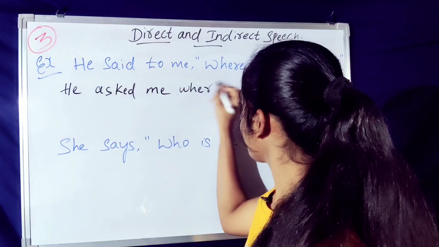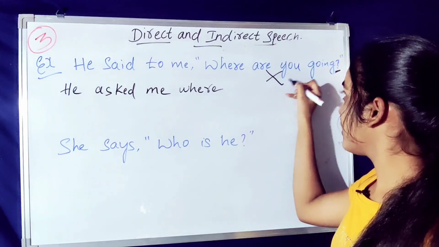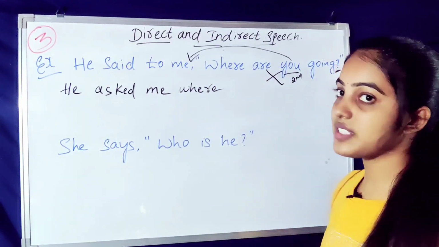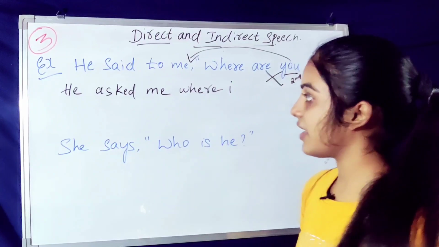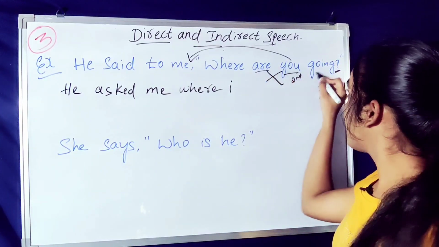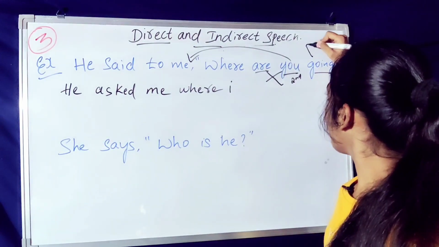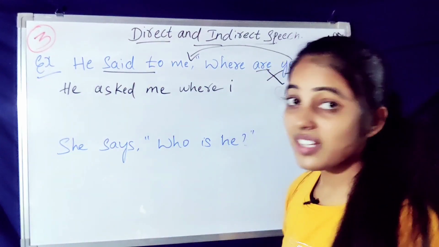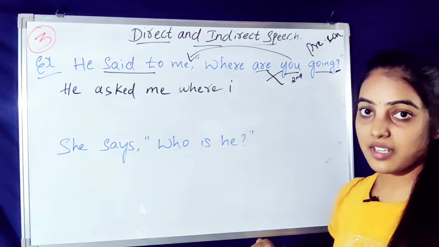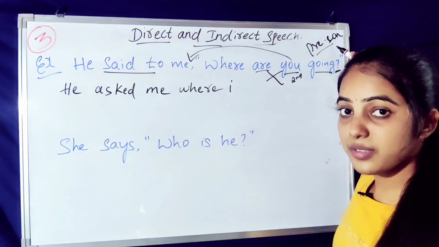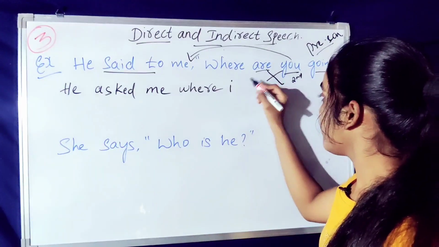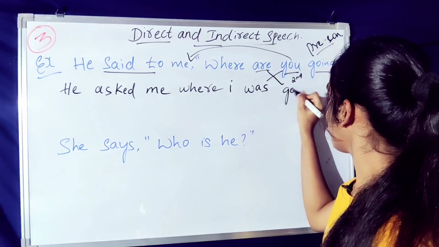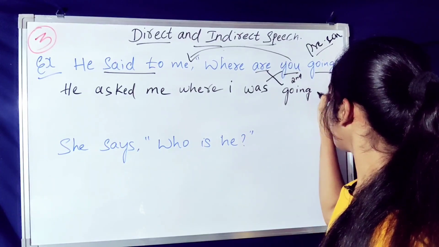Where, cross-examine: you is second person, me, so you will be changed to I. Where I are going. Are going is present continuous. Here the reporting verb is in past tense, so the tense changes. Present continuous will be changed to past continuous. Are will be changed to was. Where I was going. Period.